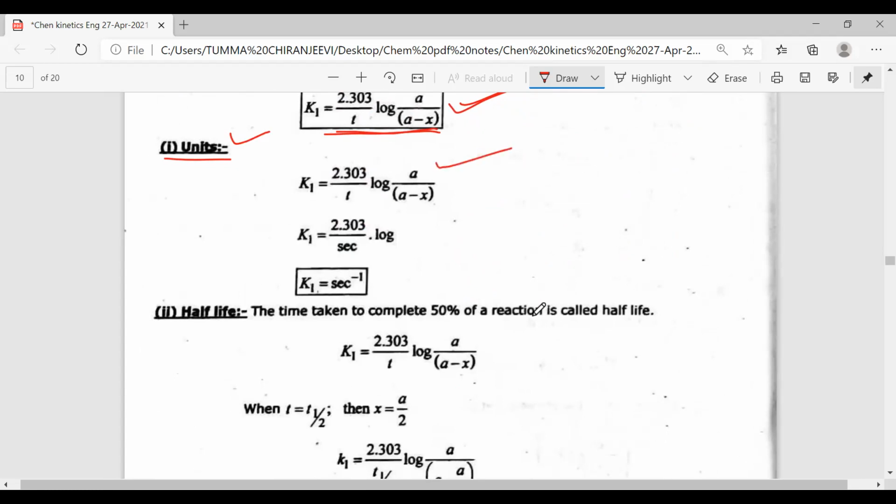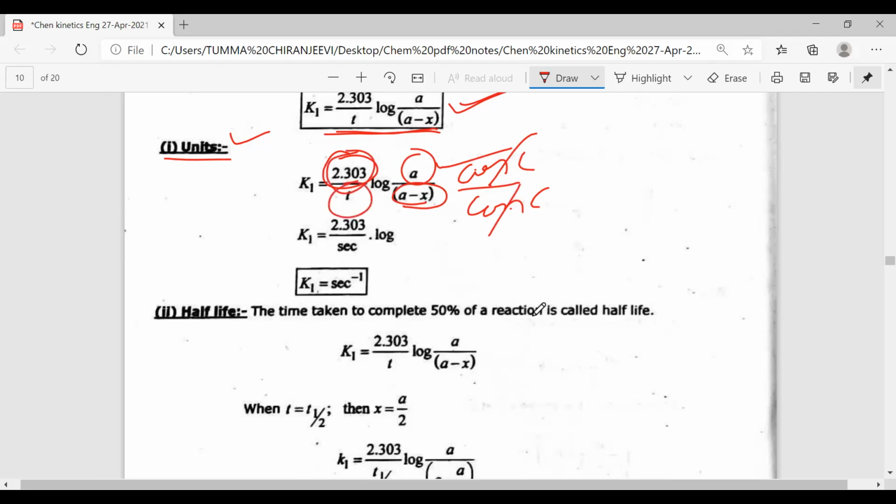What is the rate equation? k is equal to 2.303 by t log a by a minus x. 2.303 is a constant value. a means initial concentration. a minus x is also a concentration value. Concentration by concentration is cancelled. 2.303 is a constant value.